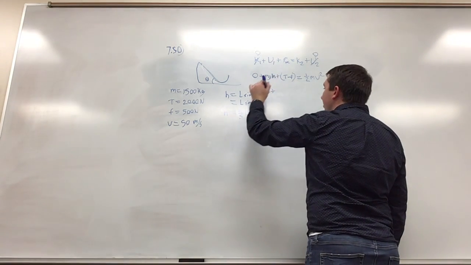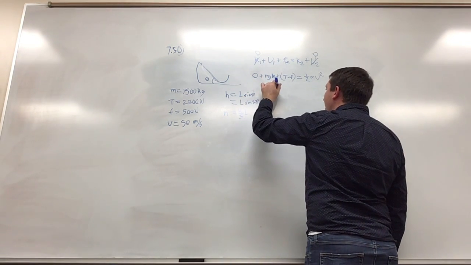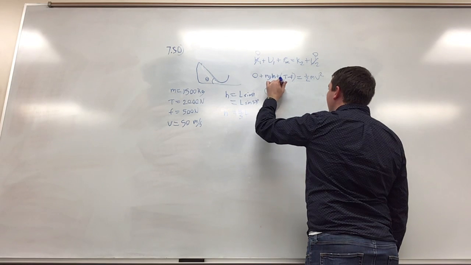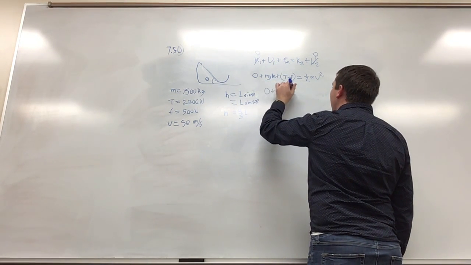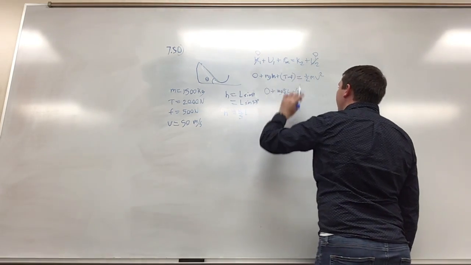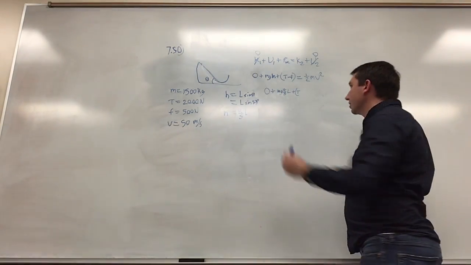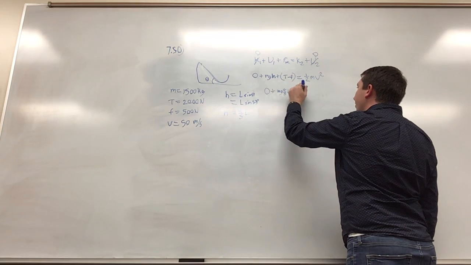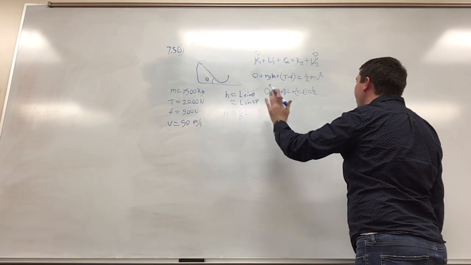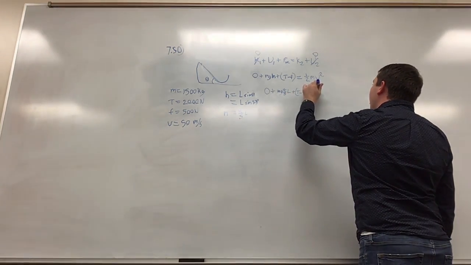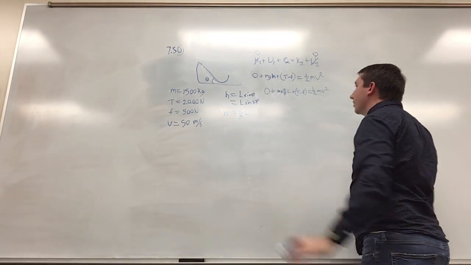So substitute that in there, so we get mass times gravity times 4/5 the length, plus the thrust from the engines minus friction from the ramp, is going to be equal to 1/2 the mass times the velocity squared.